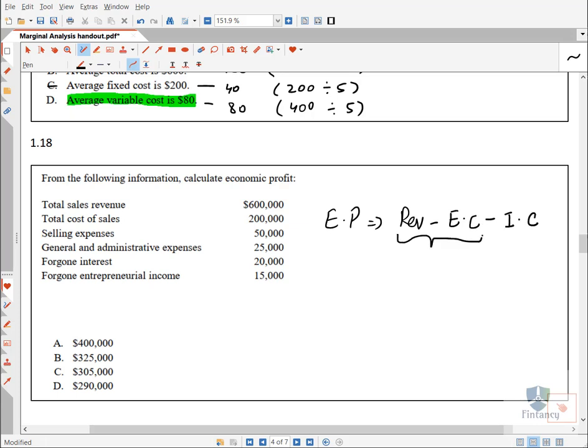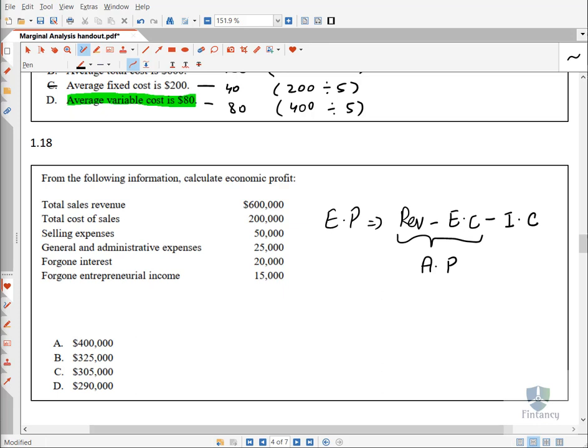Or you can say in short that accounting profit minus implicit cost, like we discussed, because accounting profit is easier to understand, right? So you already know how to get the accounting profit, and then you can directly deduct some types of implicit costs like opportunity cost, imputed interest, foregone entrepreneurial income, like that.